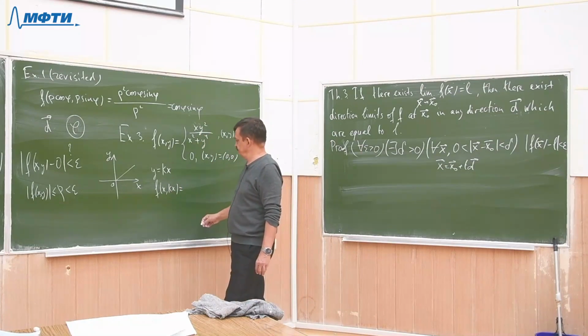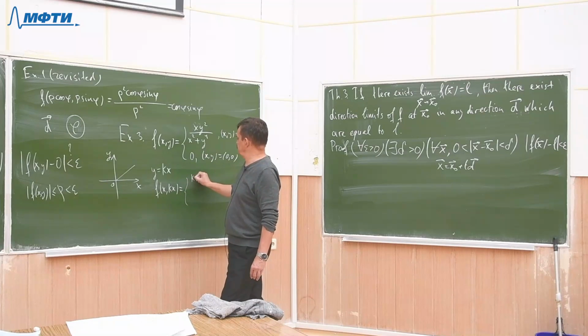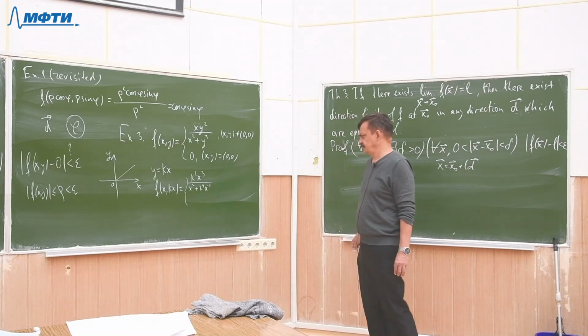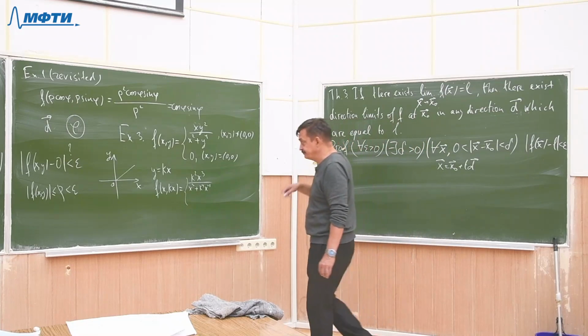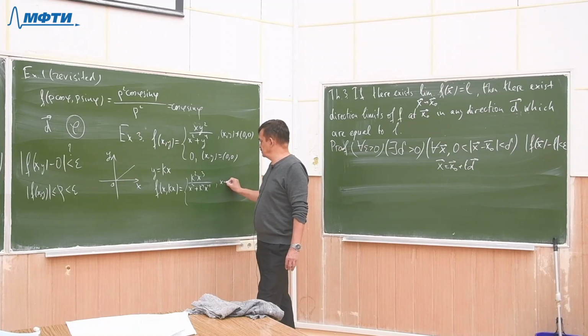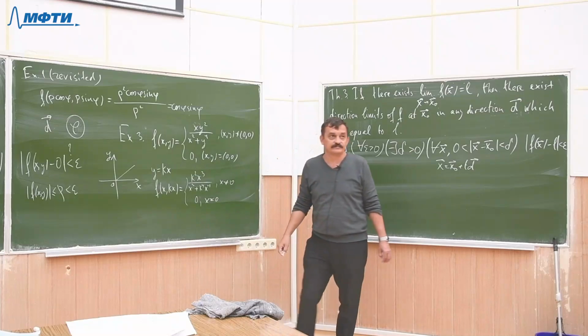That is k squared x cubed over x squared plus k to the power 4 x to the power 4, for x not 0, and 0 if x equals 0, right?